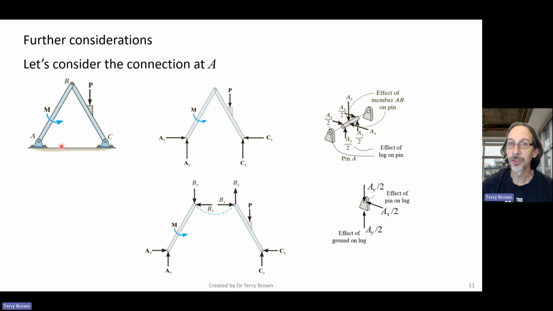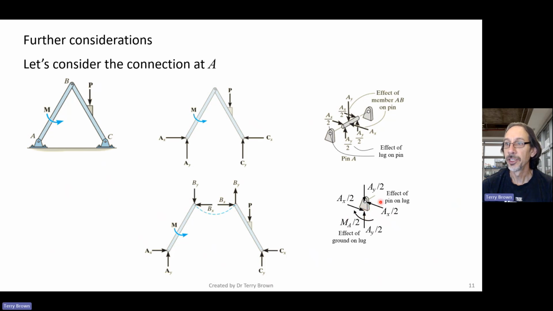We haven't really even got to the ground yet, but we can consider it for now as the ground. So we have forces equal and opposite to these, but we're still not in equilibrium because these two horizontal forces, AX over 2 and AX over 2, are separated by a distance. So they form a couple, and we actually get a moment generated at the base of this clevis.